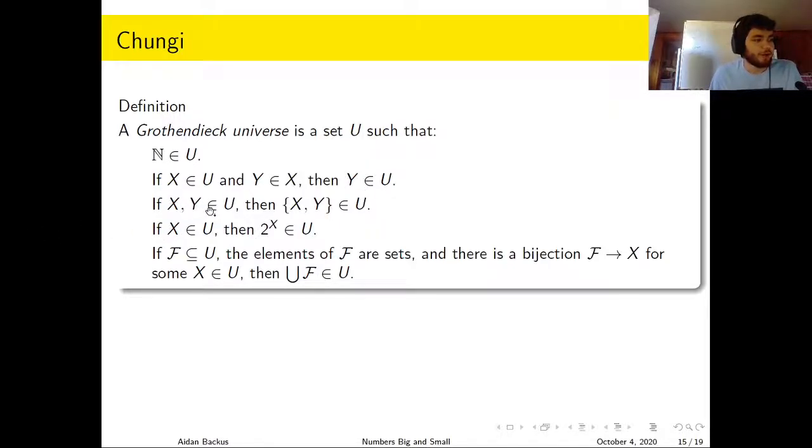If x and y are elements of U, then the unordered pair {x, y} is also in U. If x is in U, then the set of all subsets of x is also in U. If f is a subset of U, the elements of f are all sets, and there is a bijection from f to some element of U, so f isn't too big, basically, then the union of f is also in U.